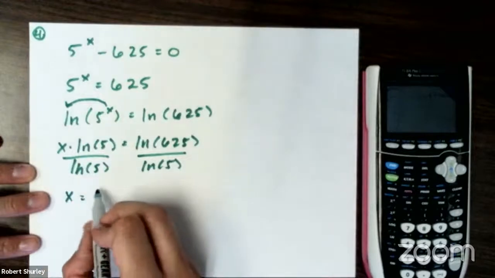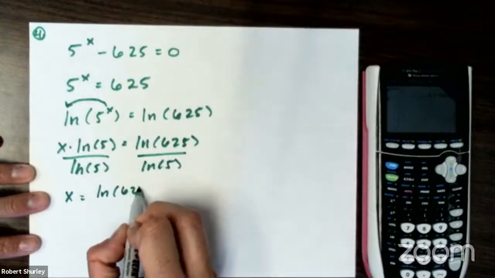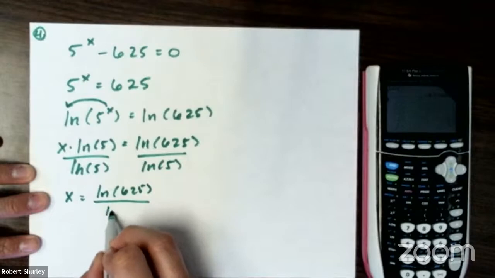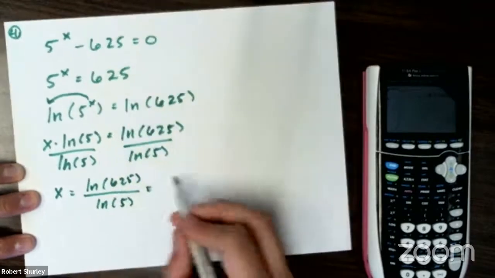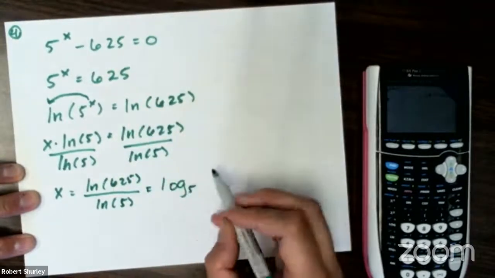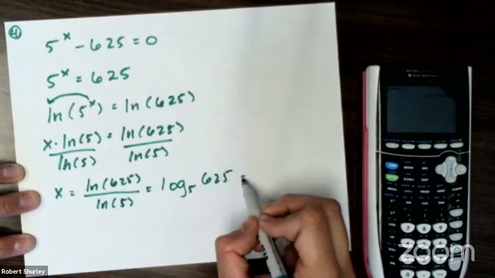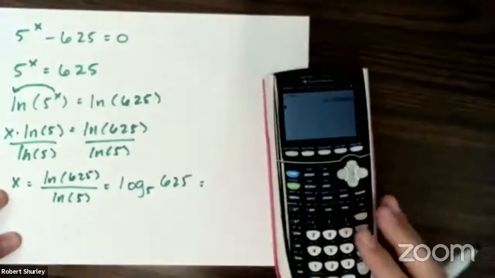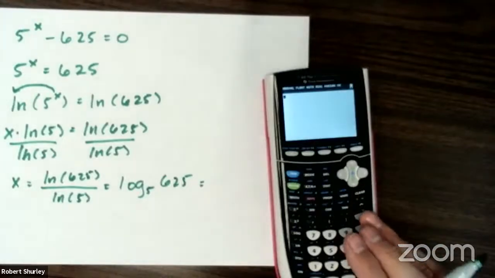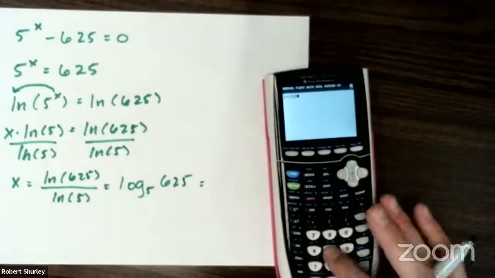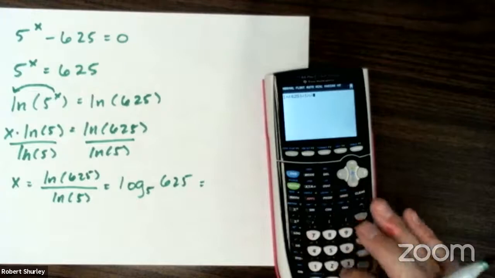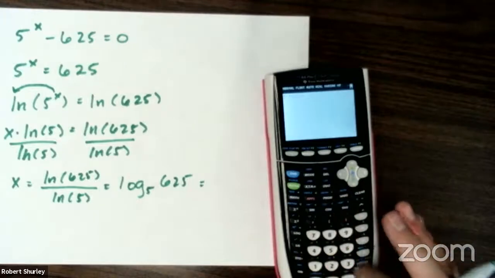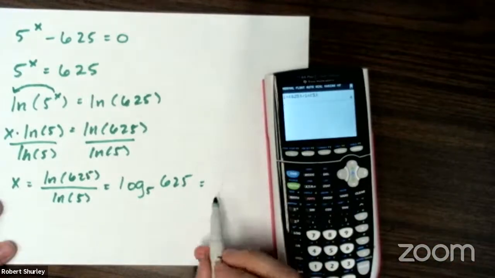So x equals, now it might equal this. If I want to write it as a logarithm, it's going to be log base 5 of 625. Now I'm going to pop this in the calculator because if it's a number, which it's about to be, a nice integer, we're going to use that as the answer. So ln of 625 divided by ln of 5. Oh, that turns out to be 4. Cool.